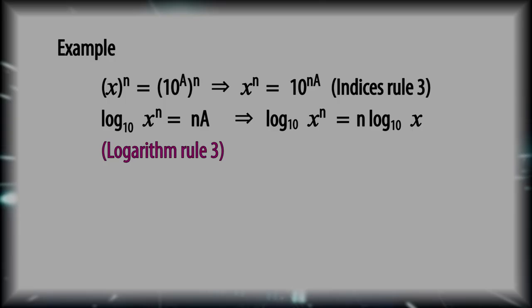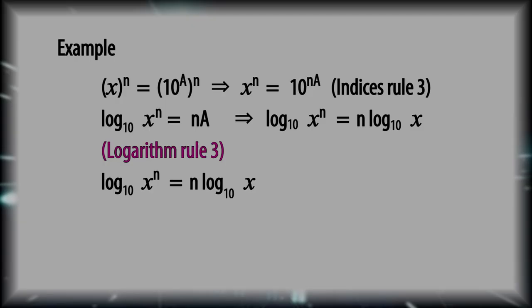So all we have done there is to substitute that expression for a. So that is our third rule for logs. And it says log base 10 of x raised to an index n is equal to n times the log base 10 of x. So the power comes down to multiply the log of the number.